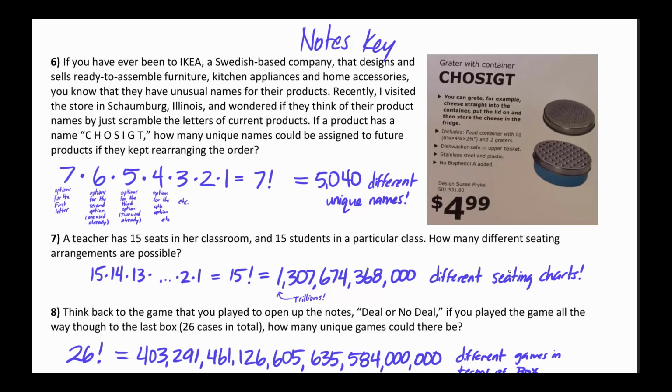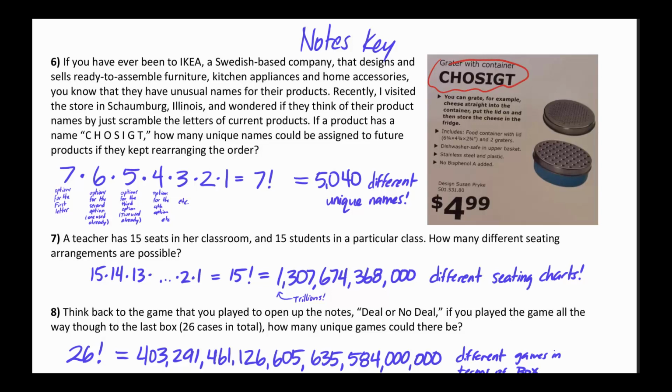Recently, I visited an Ikea in Schaumburg, Illinois, for the first time. And I was wondering as I was walking around the store how they pick the names for their products. Maybe they just take a name and scramble around the letters and come up with a new name.